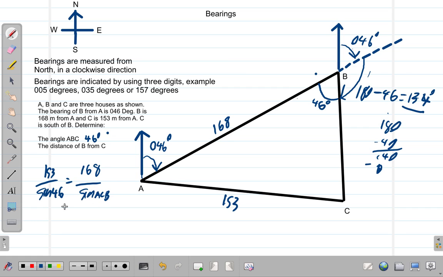So if we transpose, the sine of ACB is going to be 168 times sine 46 over 153.